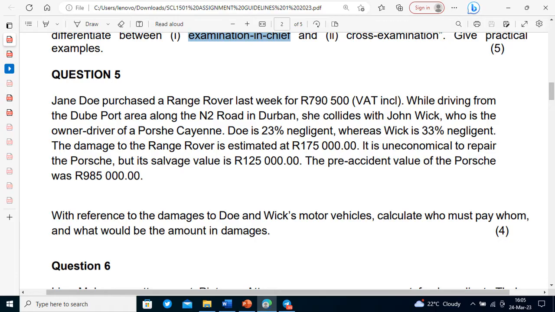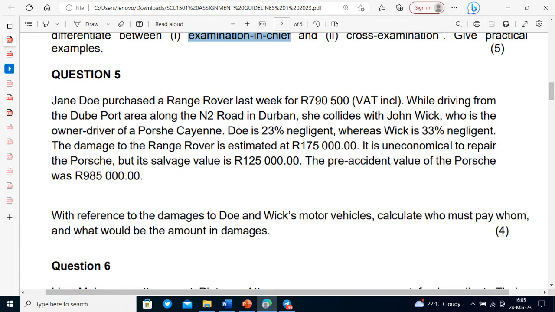We don't check the money which was used to purchase the car, we check the estimated damages. As you can see, the estimated damages for the Range Rover is 175,000, and then we also check the salvage value, and then we should also check the pre-accident value.